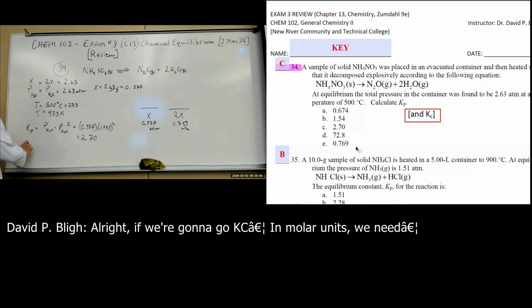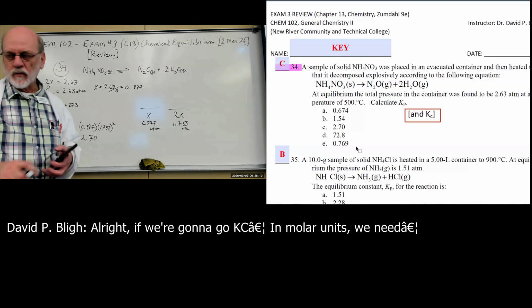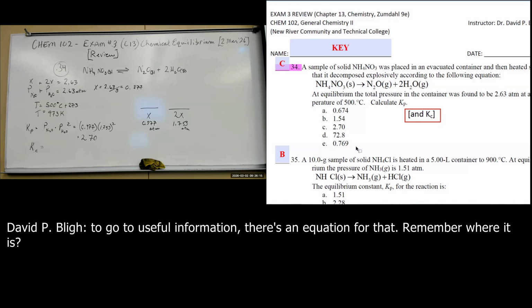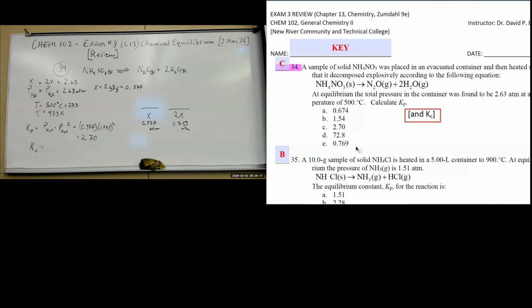All right, if we're going to go to KC in molar units, we need to go to useful information. There's an equation for that. Remember where it is? Here it is.